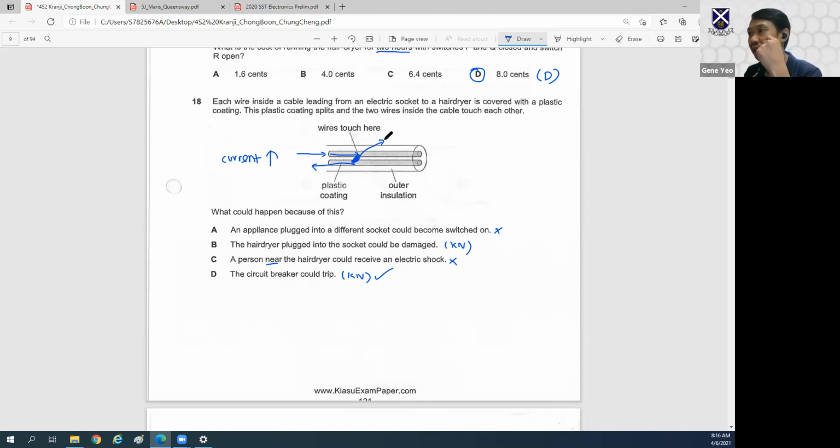This is what is called a short circuit. And when a short circuit occurs, the current shoots up. And when the current shoots up, the circuit breaker trips. Okay? So therefore, the answer is D. Any questions for question 18?